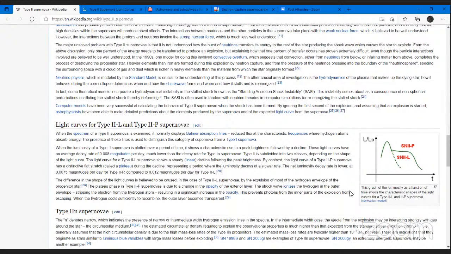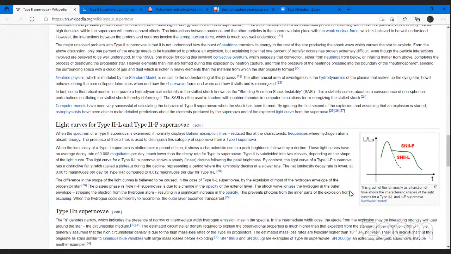When the spectrum of a type 2 supernova is examined, it normally displays Balmer absorption lines, which are visible spectrum lines. That is reduced flux at the characteristic frequencies where hydrogen atoms absorb energy.